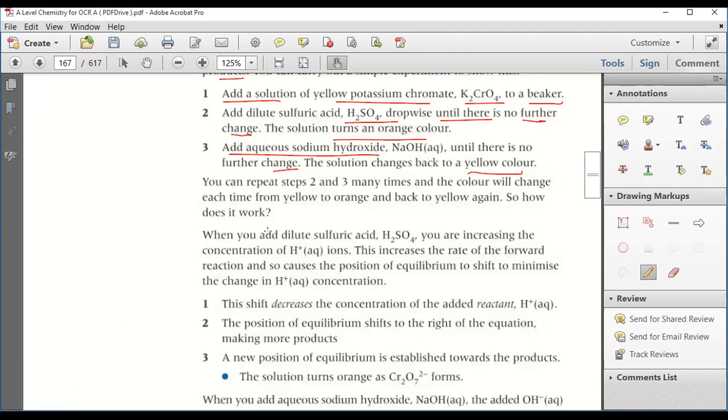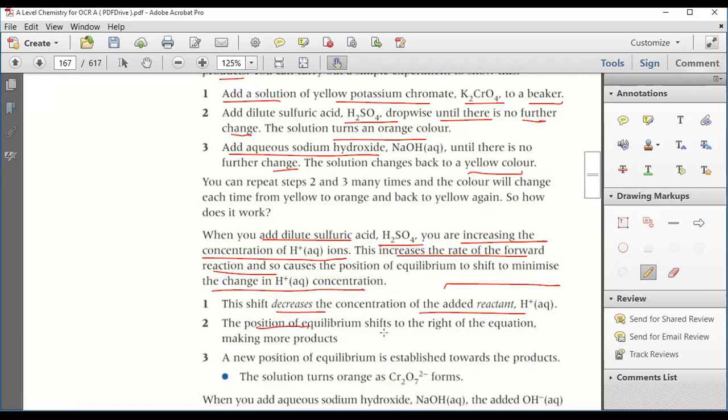So when you add dilute sulfuric acid, you are increasing the concentration of H positive ion. The increase in the rate of forward reaction causes the position of equilibrium to shift to minimize the H positive ion concentration. The shift decreases the concentration of added reactant H positive.